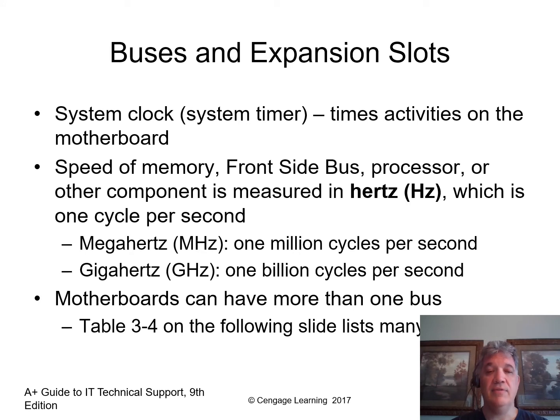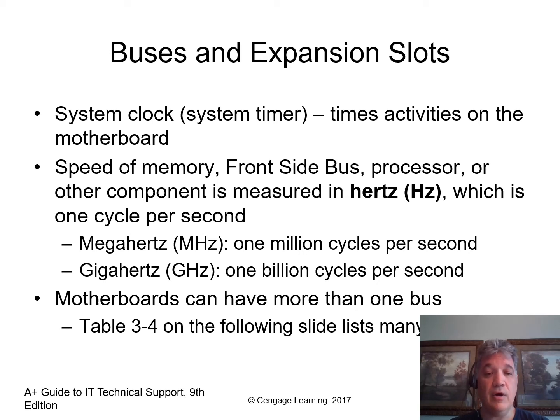So the front side bus that they mentioned here, the processor, the other components are measured in hertz, which is 1 cycle per second. So on your motherboard, if you look at it, you'll find a very small metallic cylinder, and that is usually your quartz crystal, which is what sets the speed.